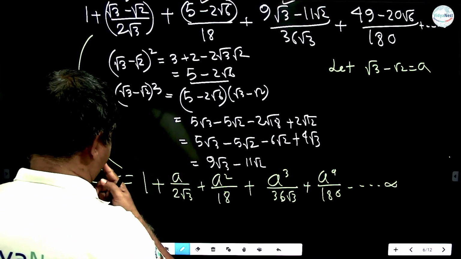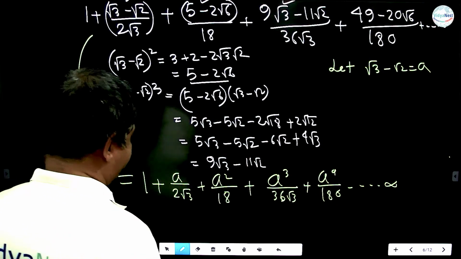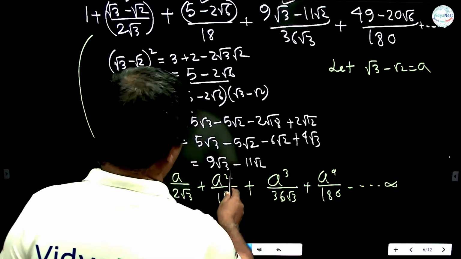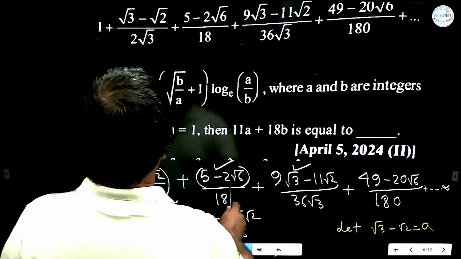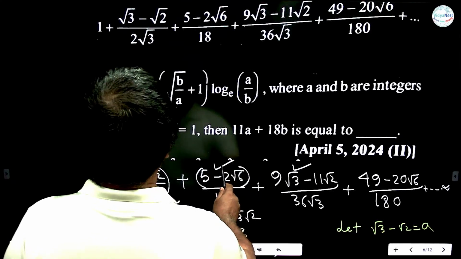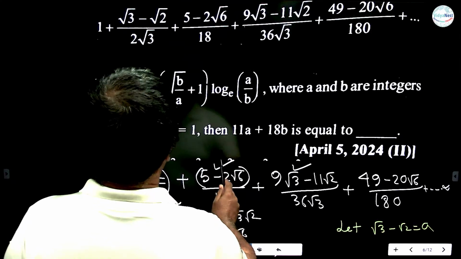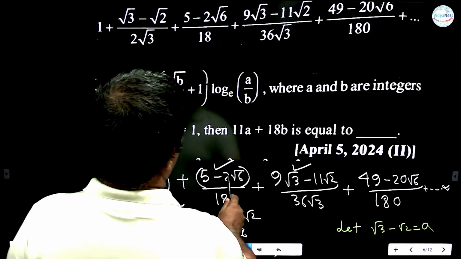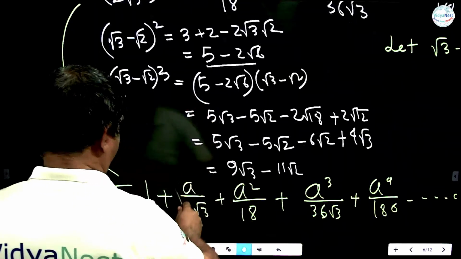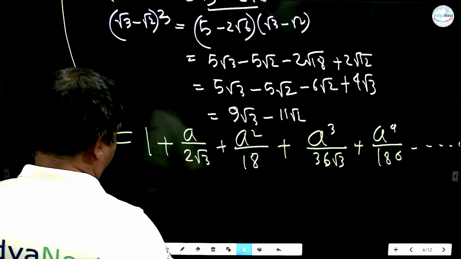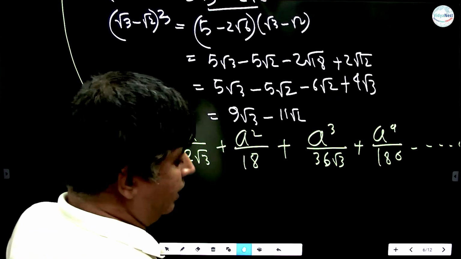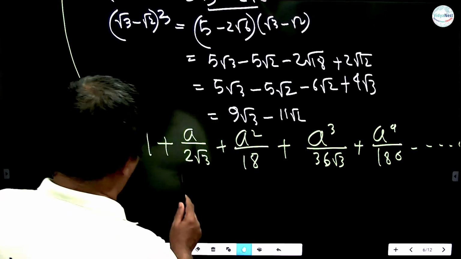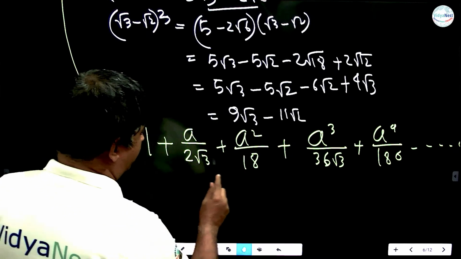So somehow it is related to logarithmic expansion. I think in this sum there is some ambiguity in printing. See, it should be 3 root 2 whole square.